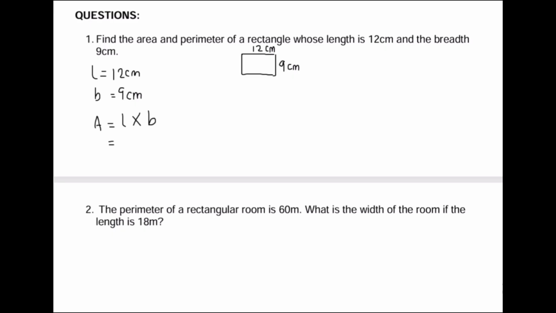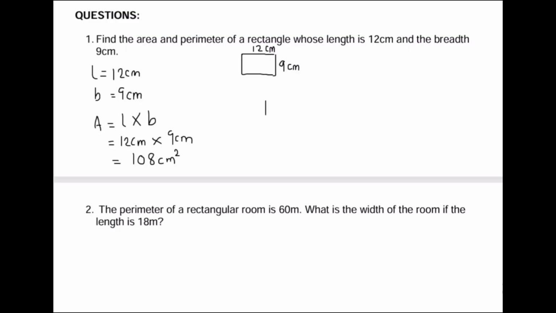So that is going to give us 12 centimeters multiplied by 9 centimeters. So 12 times 9, that is going to give 108. Then centimeter times centimeter, that will give centimeter squared.